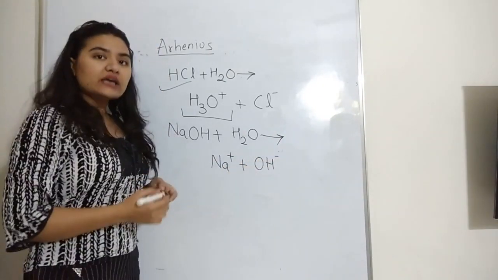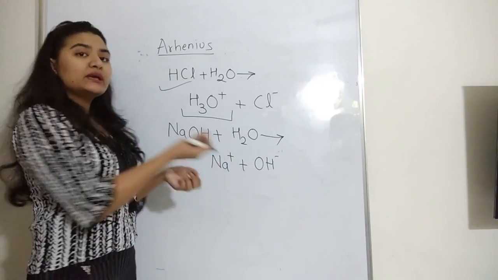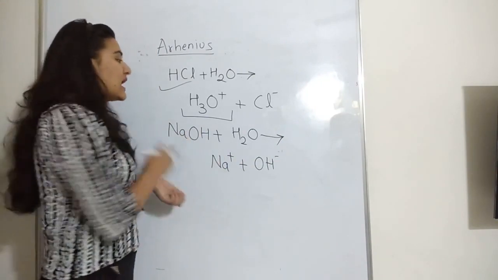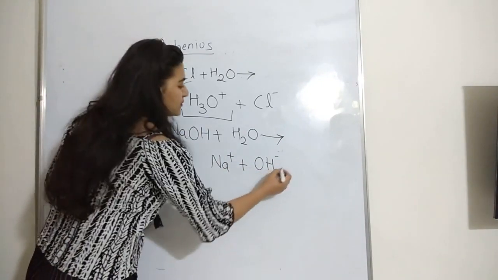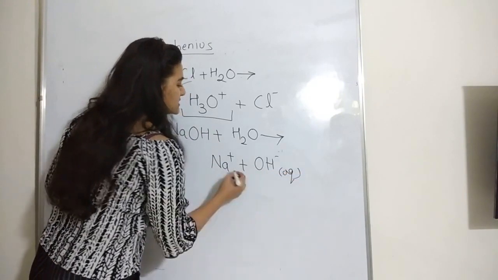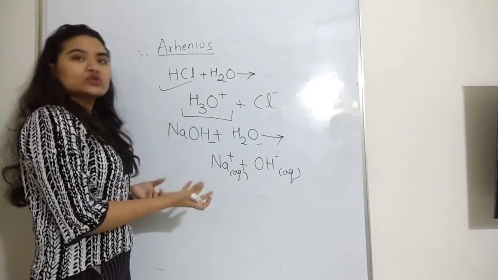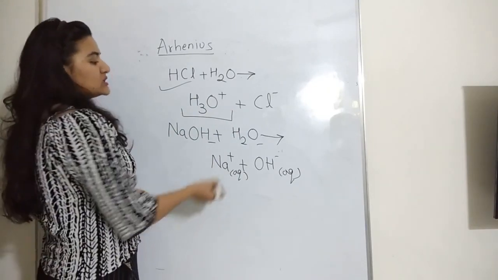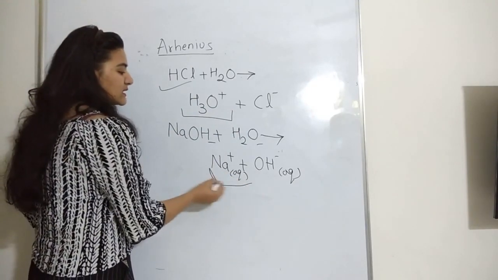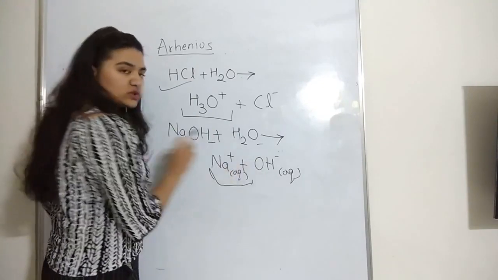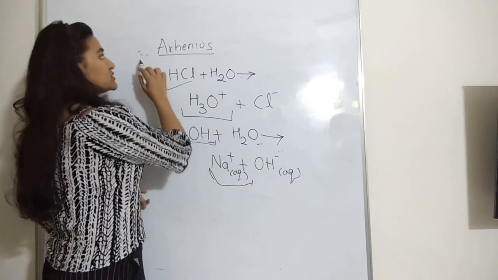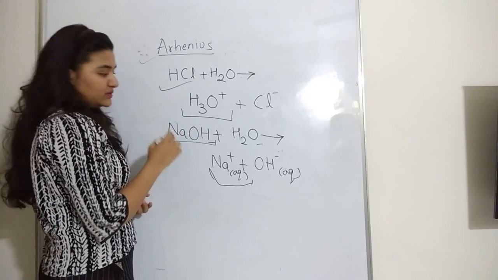So when I write ions, because they are being produced in an aqueous solution, I'll write aqueous in front of them. Here as well as here. Even here I should write aqueous because they are also solutions. Okay. So because it is releasing OH minus, this is my base according to Arrhenius definition.